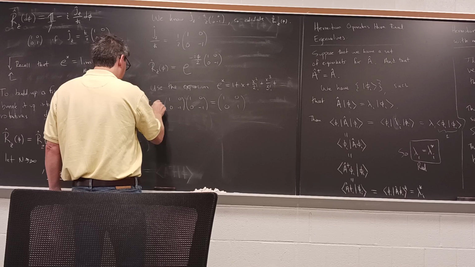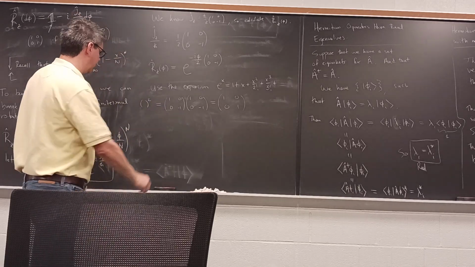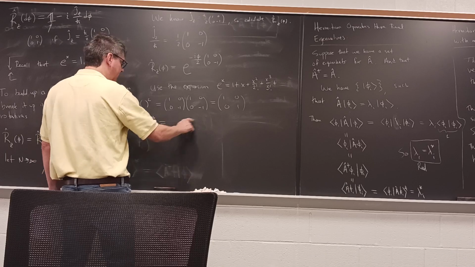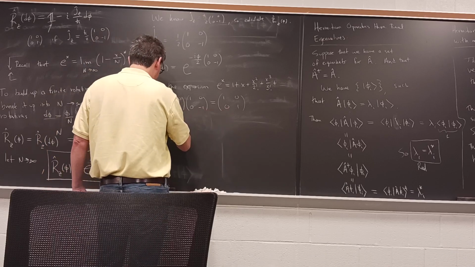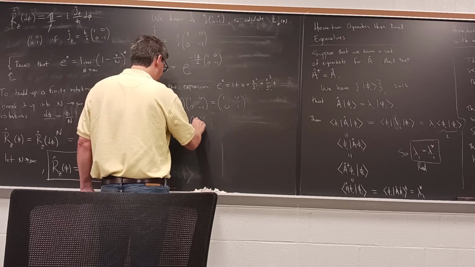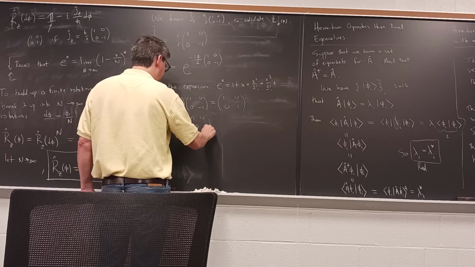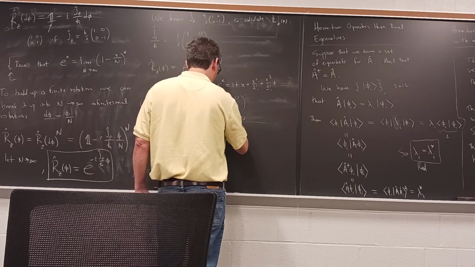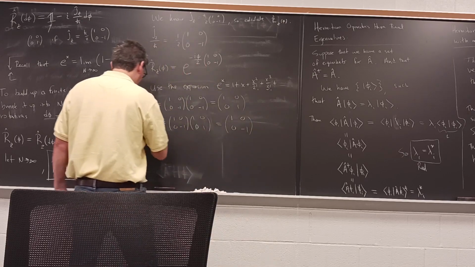When we cube it, that thing cubed is just going to be 1, 0, 0, minus 1 times the identity matrix, so this will just be 1, 0, 0, minus 1, and then we're back to where we were.